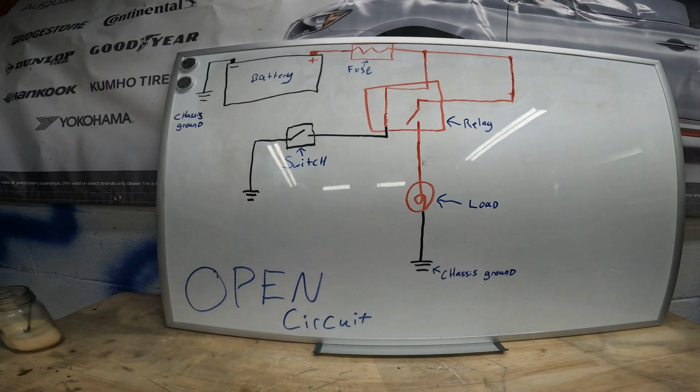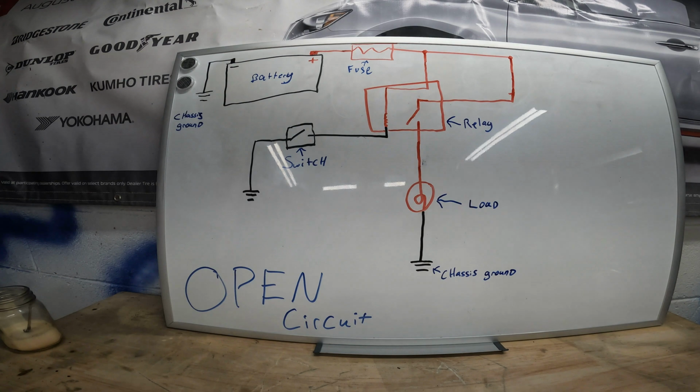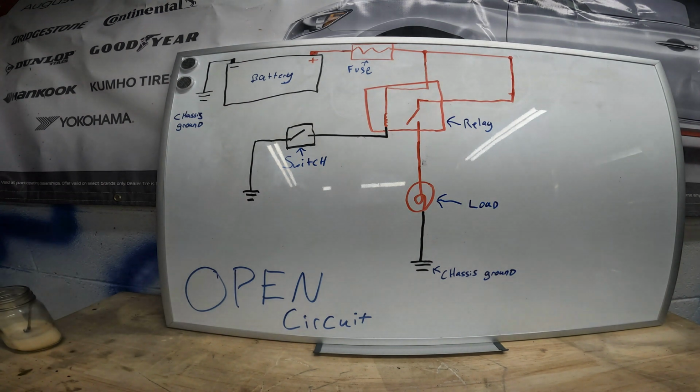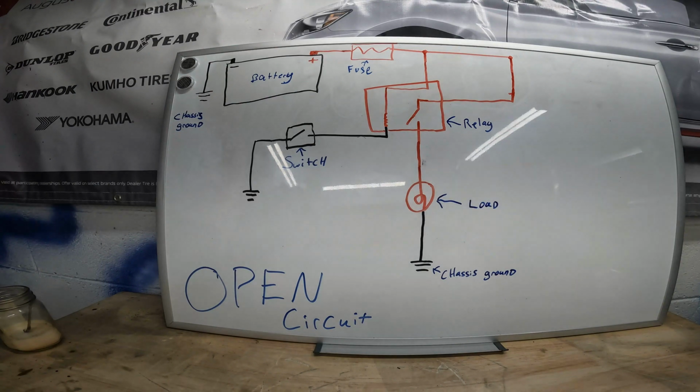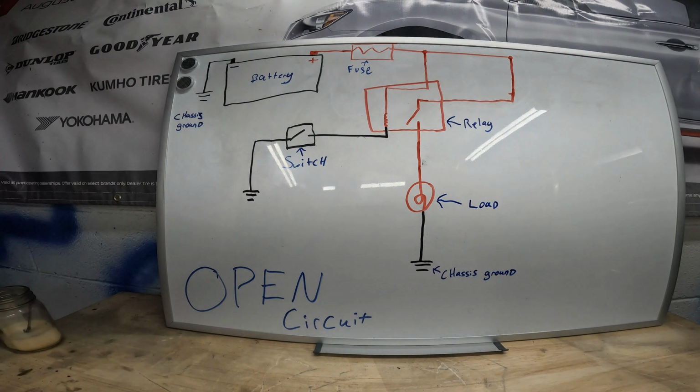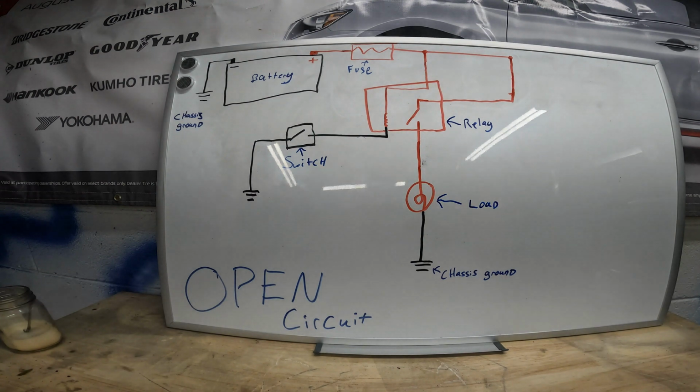Now, we're going to talk about open circuits. Open circuits are the most common of all wiring concerns. It's the easiest to happen. Wires break, door openings, they get corroded, and bad weather or anything like that can cause the wire to get brittle and then snap.